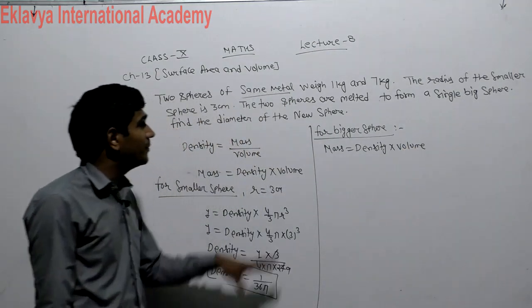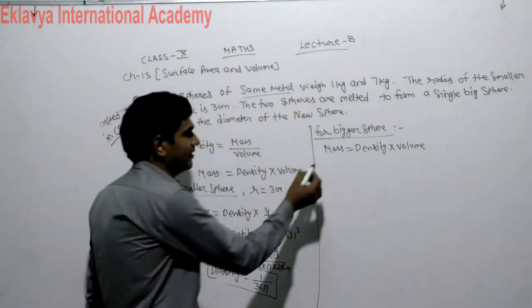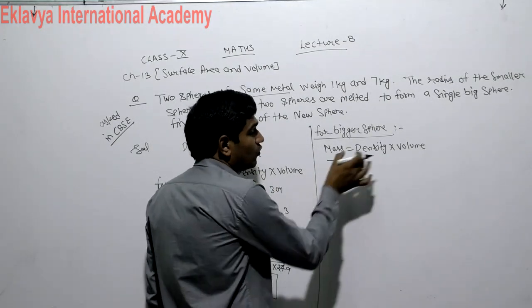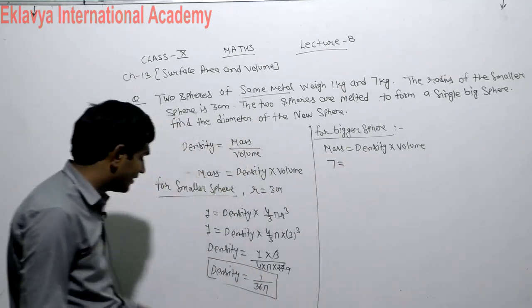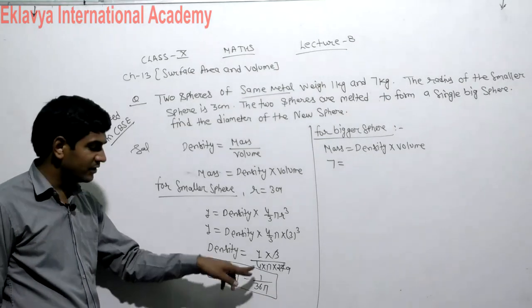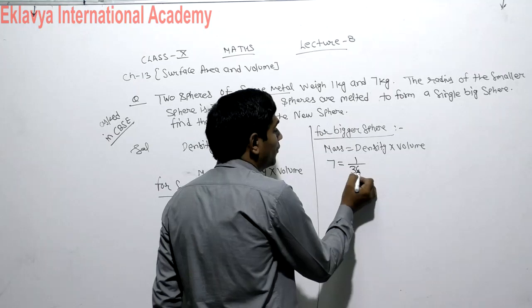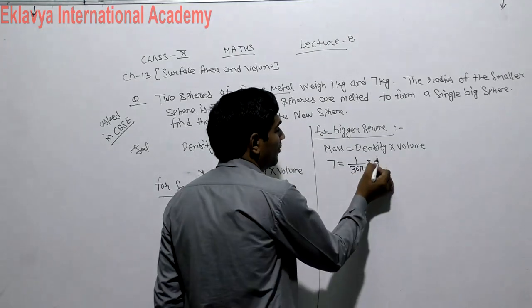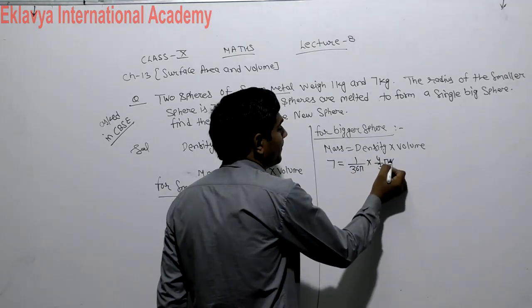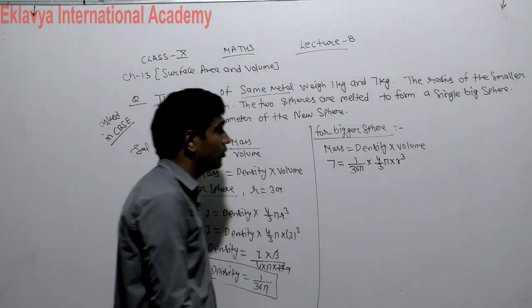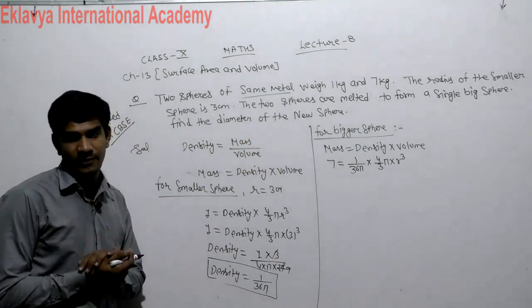What is the mass of the bigger sphere? 7 kg. So 7 equals, what is the density? The density we already calculated here, which is 1 upon 36 pi. Substitute here: 1 upon 36 pi multiplied by the volume, which is 4 upon 3 pi r cube. We don't know the radius of the bigger sphere.